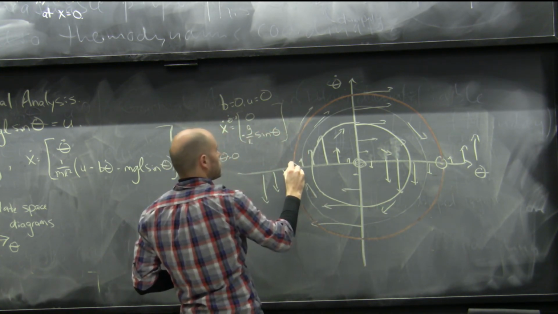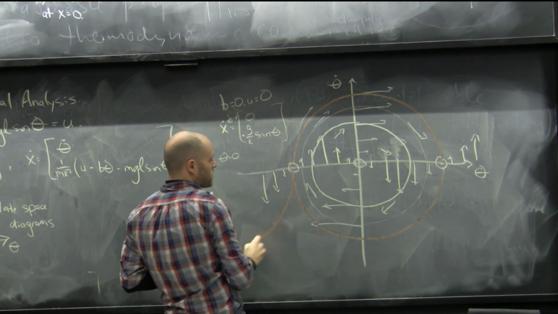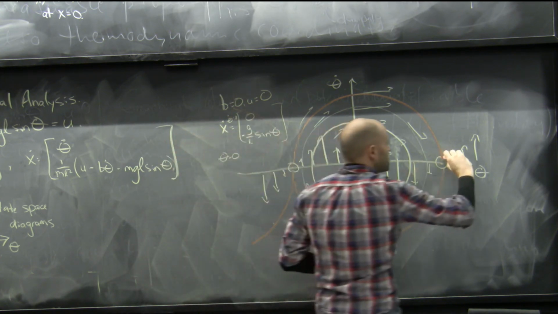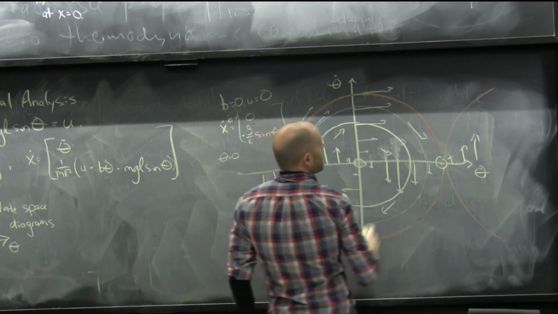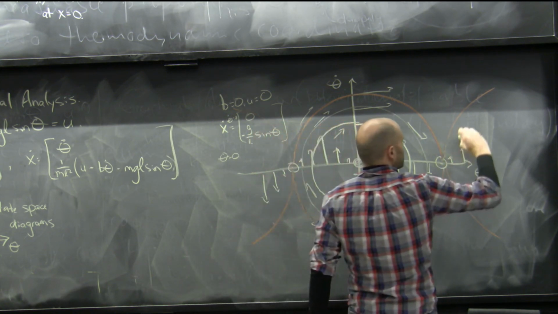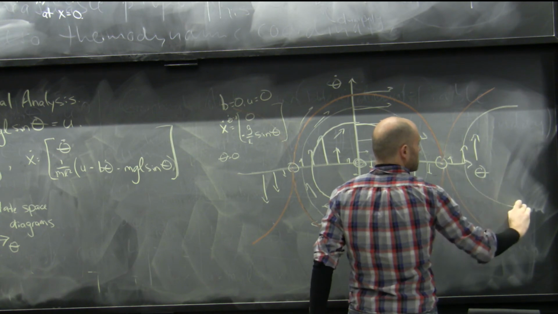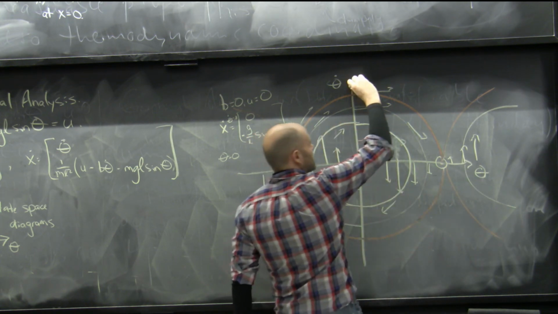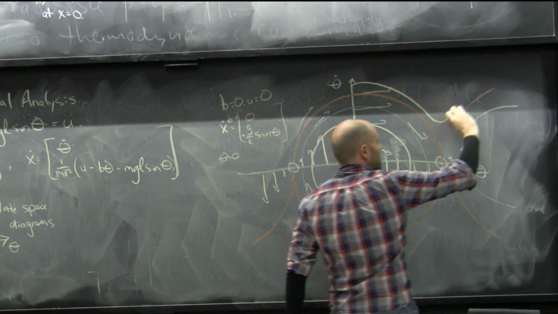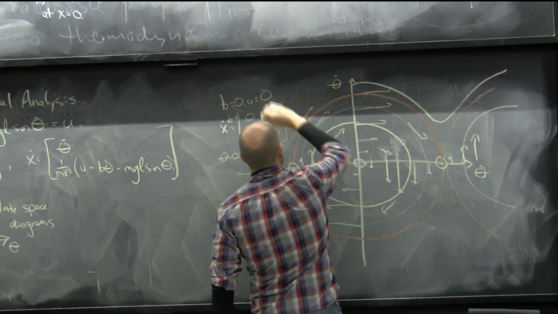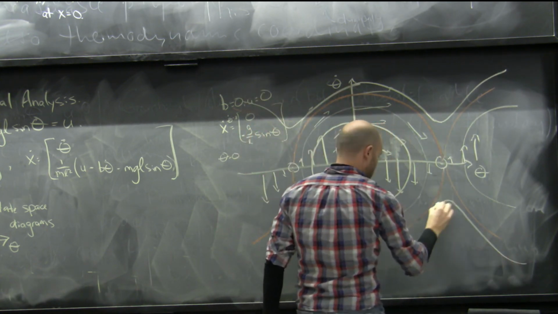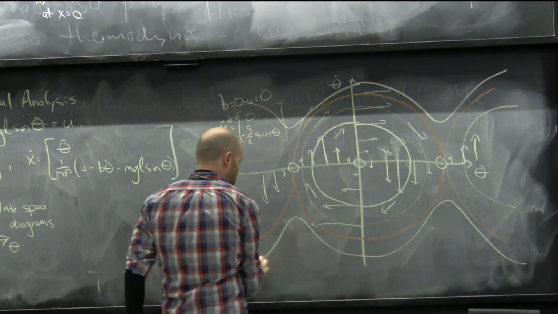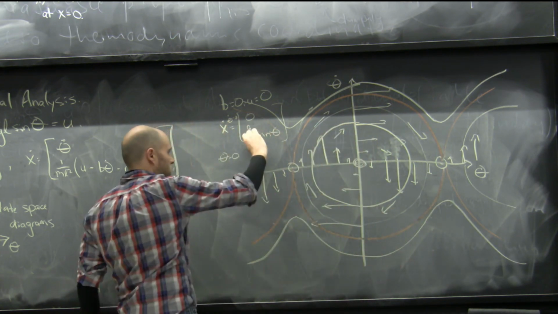And actually, we'll go off this way too. And then inside here, you'll get rings that go over here. Up here, you'll see solutions that look like this. And similarly, solutions that look like this.